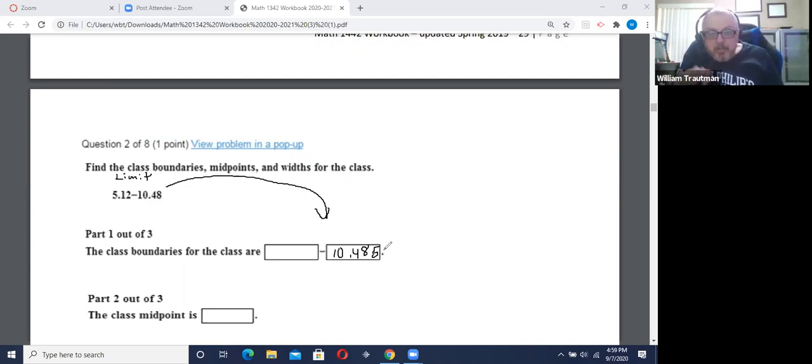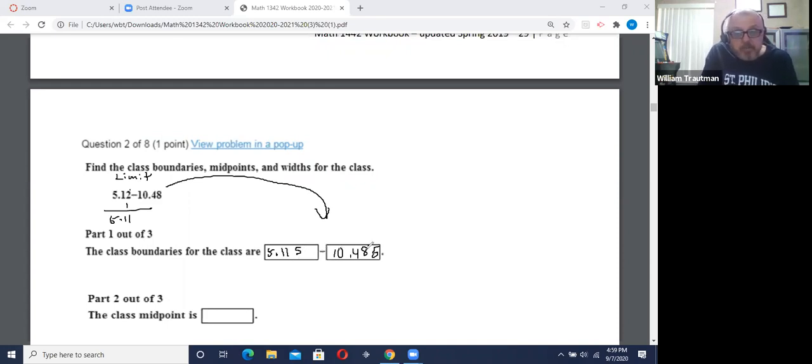Do you see how you do the next limit? You just put a 5 on the end of it if you have decimals. Here, we're going to have to subtract 1 from the last digit, or 0.01, and I get 5.11, and then you tack on a 5. So that's the class boundary.